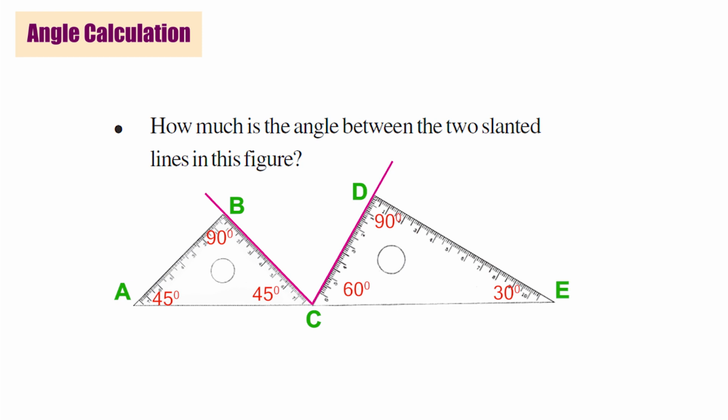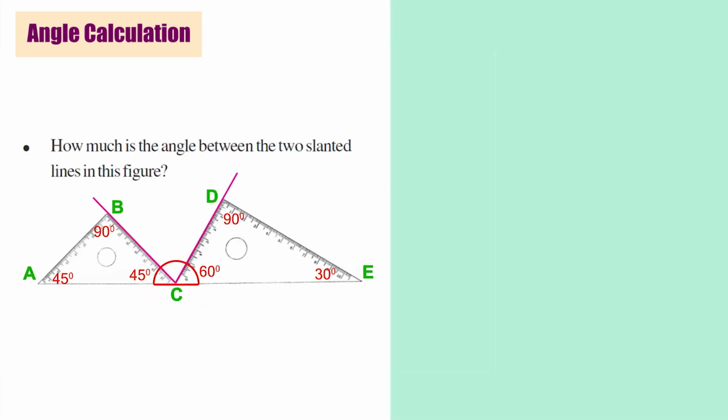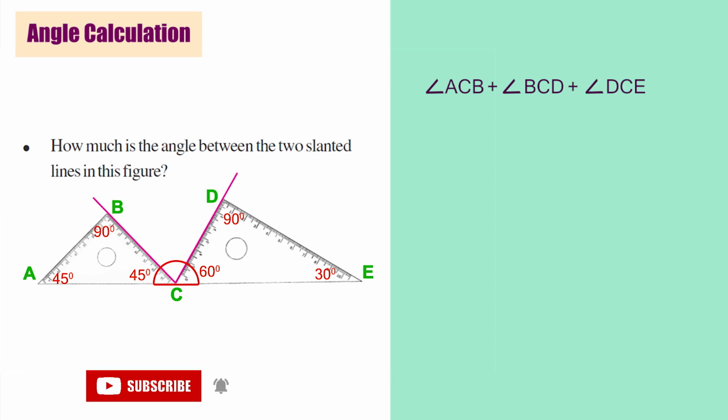From this figure we can write that the sum of the angle on the left set square, the angle between the lines and the angle on the right set square is 180 degrees. Using letters we can write it as angle ACB plus angle BCD plus angle DCE is equal to 180 degrees.